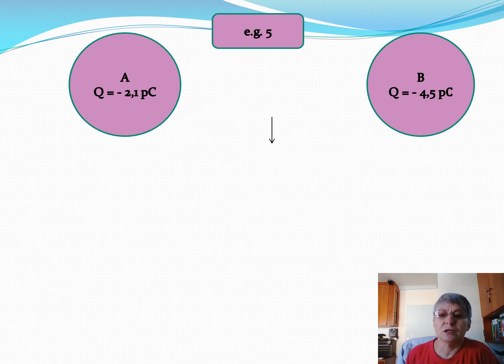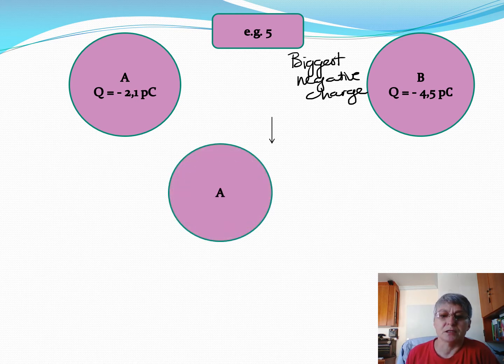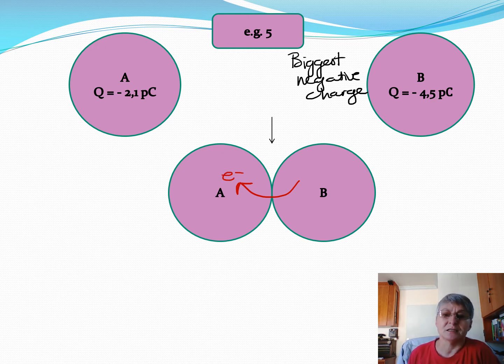So you need to look for the one with the biggest negative charge. The electrons will flow from the one with the biggest negative charge. So that would be from B to A, because A's got the smallest negative charge. It's got less of an excess of electrons.